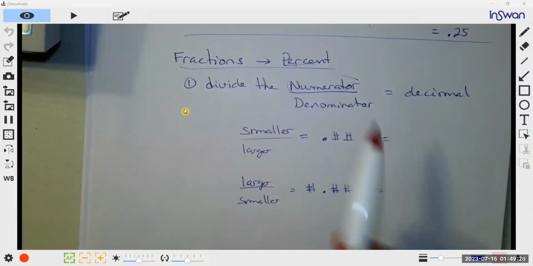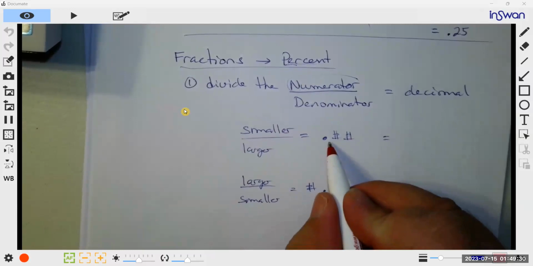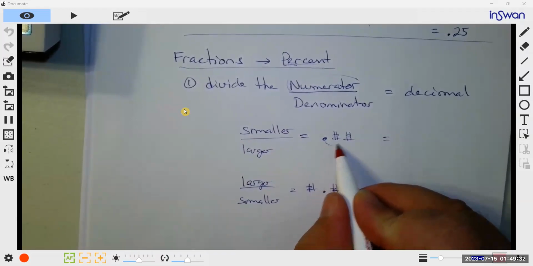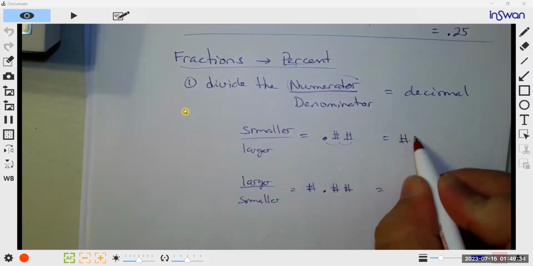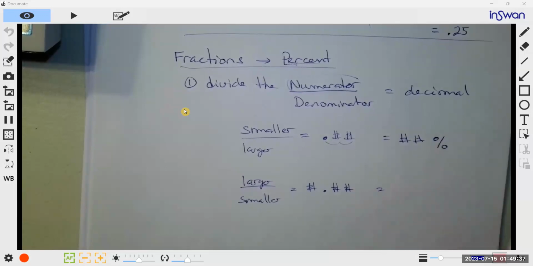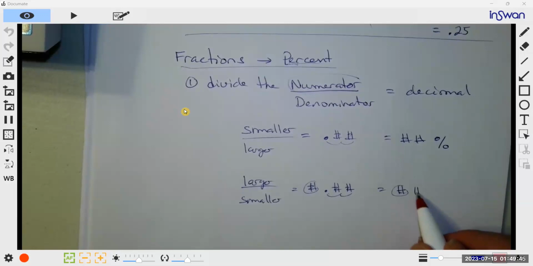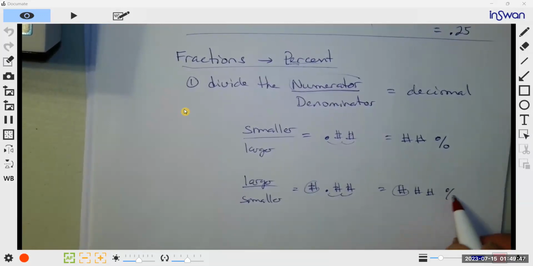Once you get a decimal, if I'm going from a decimal to percent, I have to multiply by 100. So I move it 2 spaces. Same thing here. Then I have those 2 spaces and put a percent symbol.